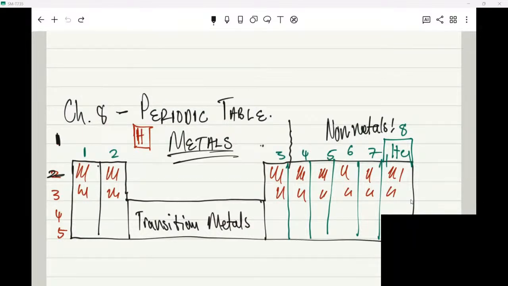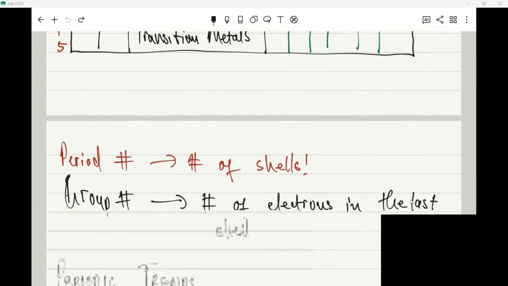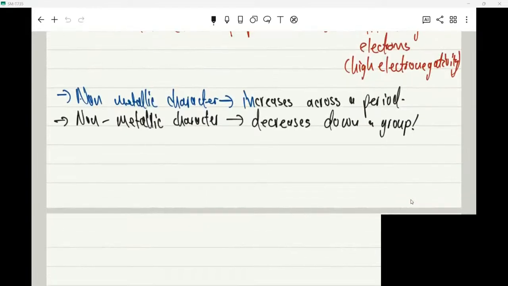Electronegativity. When you have more electrons, then the atom will really be hungry for more. It will be very electronegative, to fill it up, because there'll be a few left. So this is what happens. Electronegativity increases as you go across a period to the right, but it decreases down the group. Okay, we are done with that part.